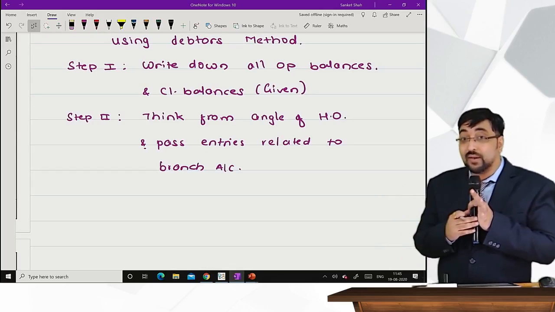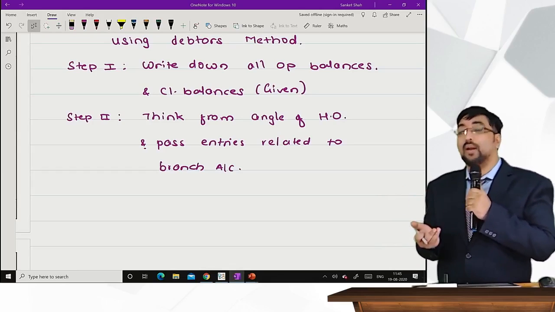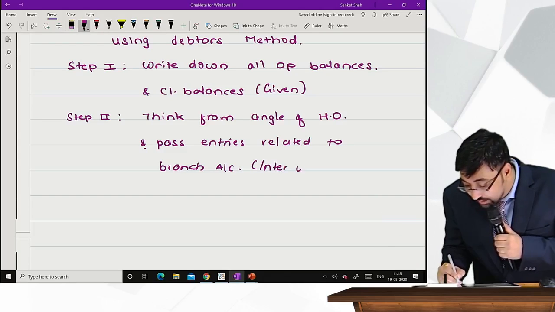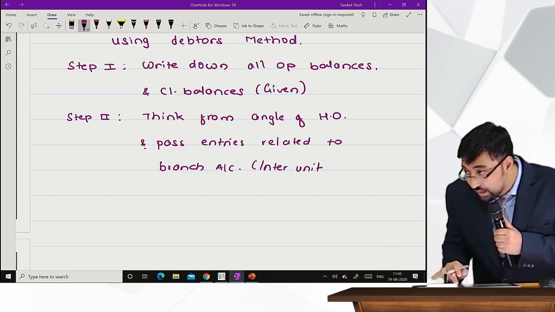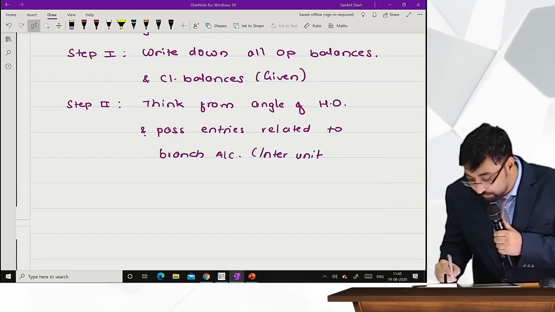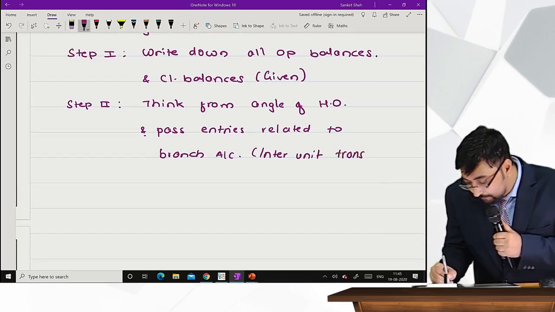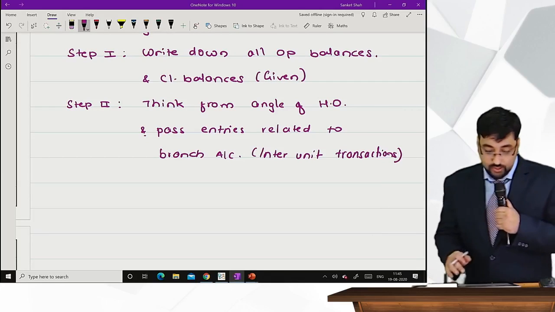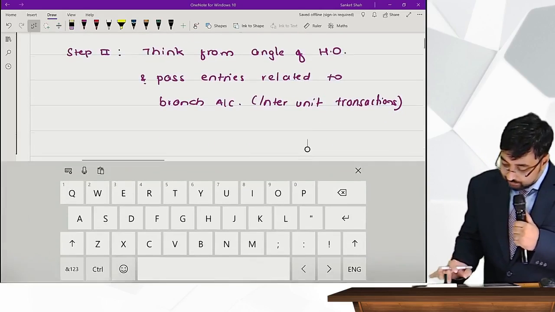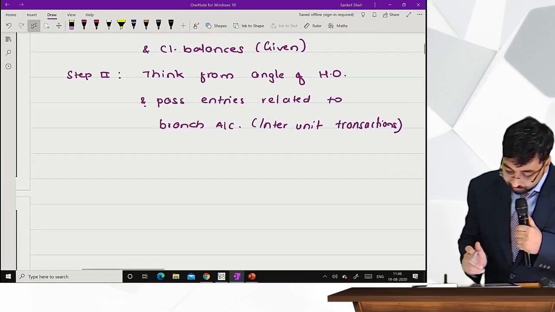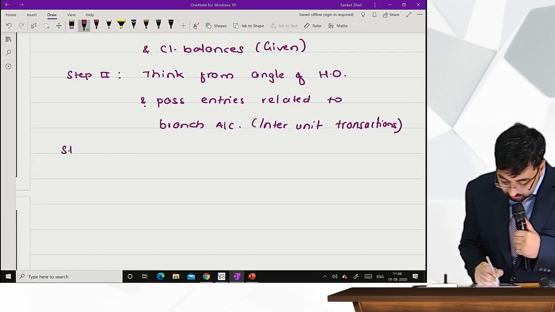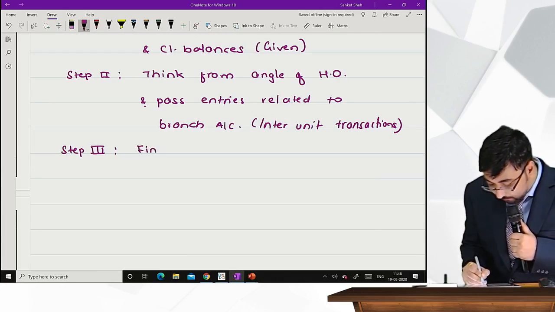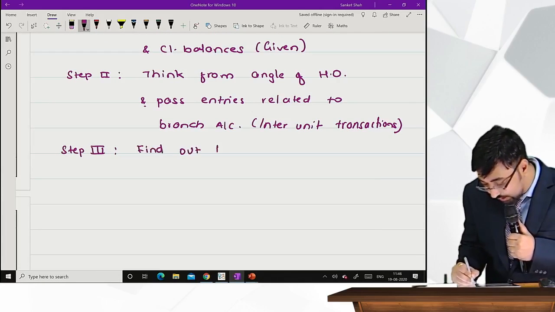Whatever inter-unit transactions you have to record, inter-unit transactions means entries between branch and HO. Now step number 3: find out hidden entries, hidden transactions.